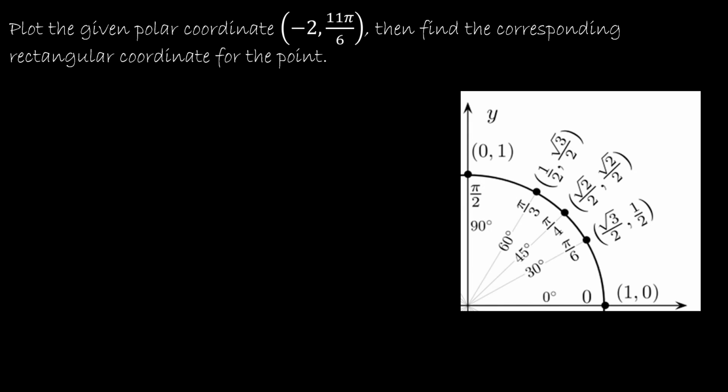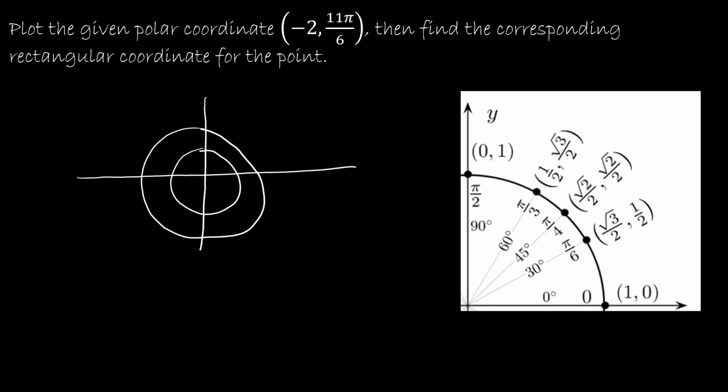Let's look at our first example. I'm asking you to plot the polar coordinate, then find the corresponding rectangular coordinate for that point. So again, if I had a coordinate plane, I would just draw a couple of circles, and I just need two.